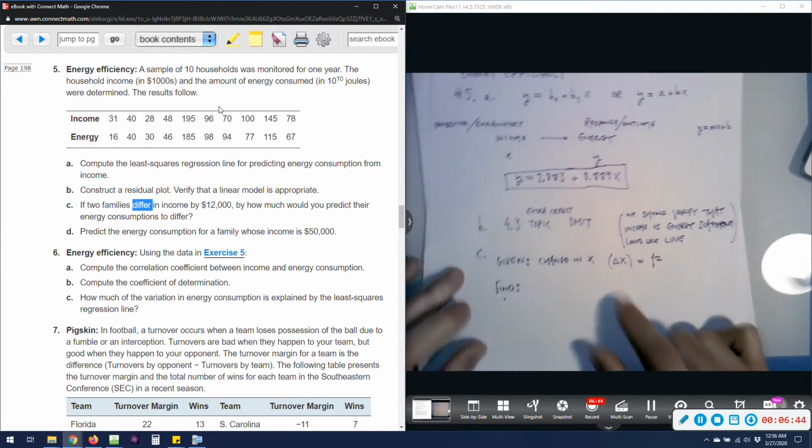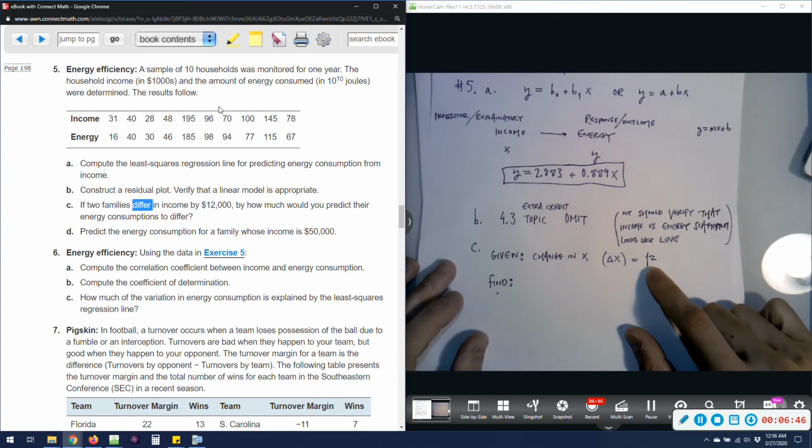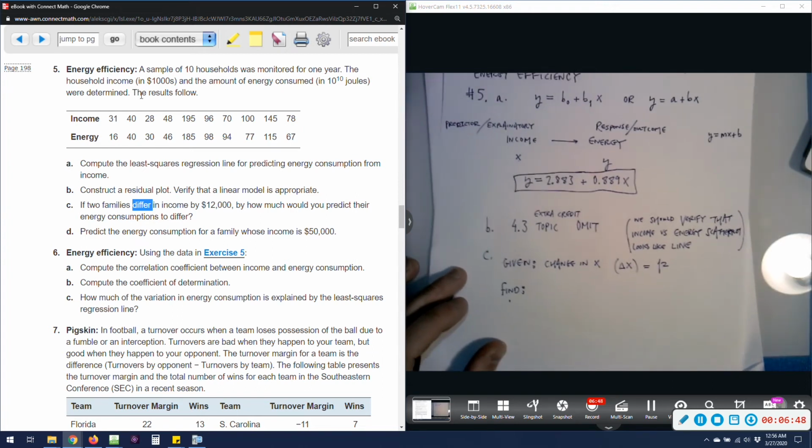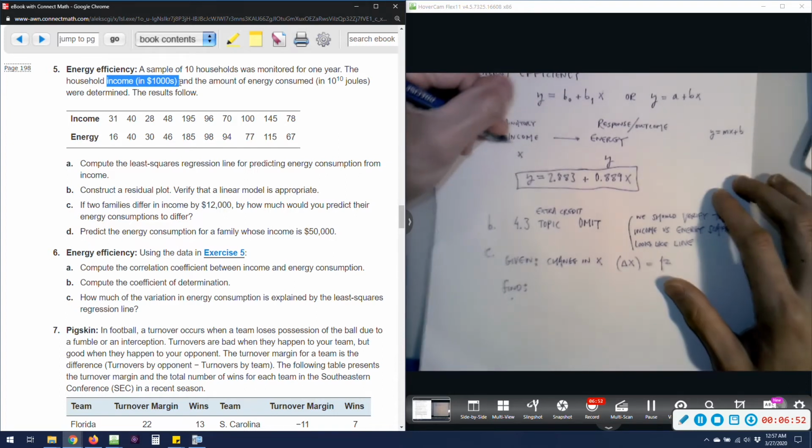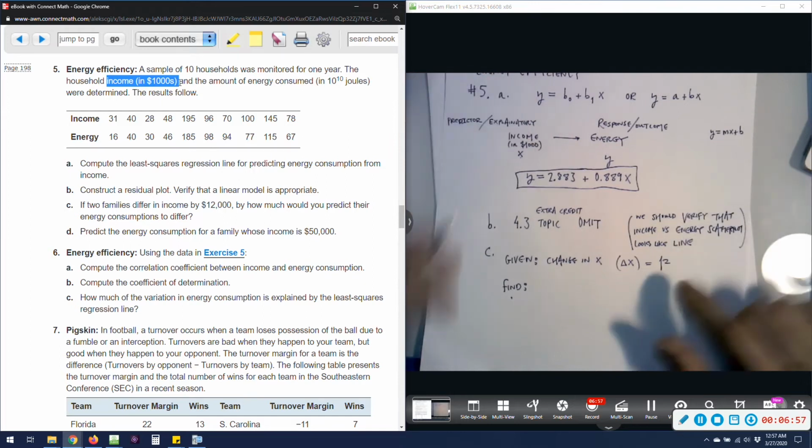I just wrote down 12 because X is really income in $1,000, so I should put income in $1,000. So this is really 12.